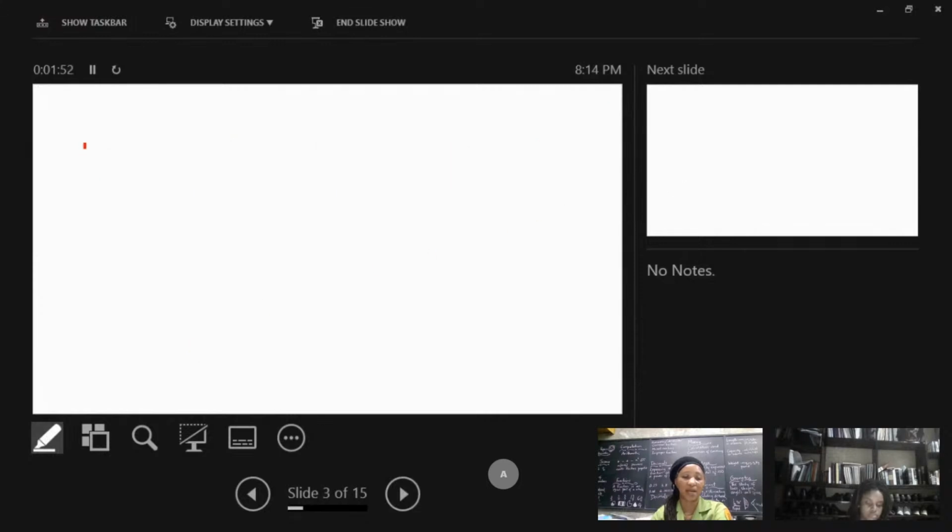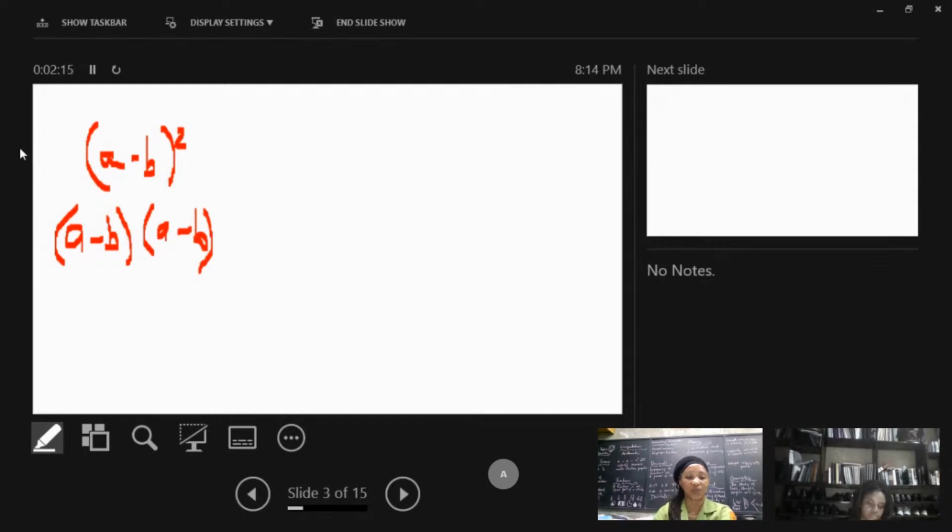Last week when we had a minus b squared, which means a minus b times a minus b, that's what it really means. And when we expanded that, we got a squared minus 2 times a times b plus b squared.